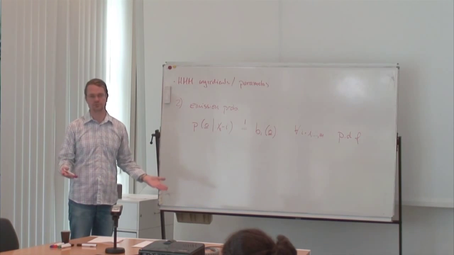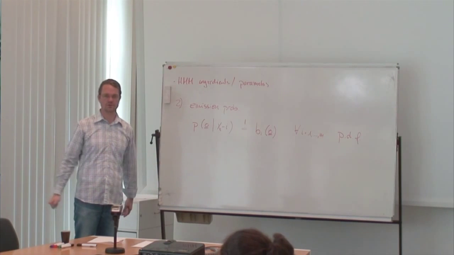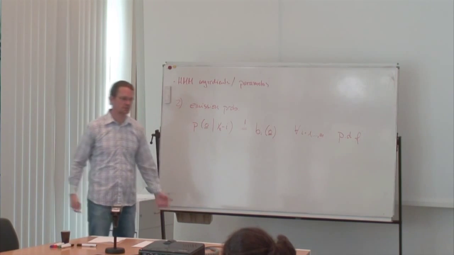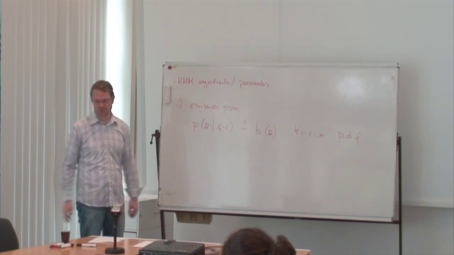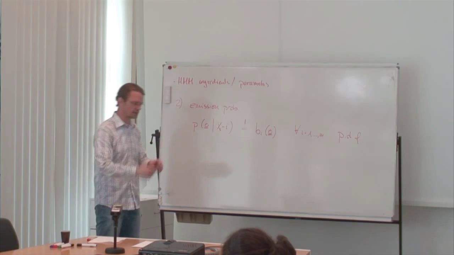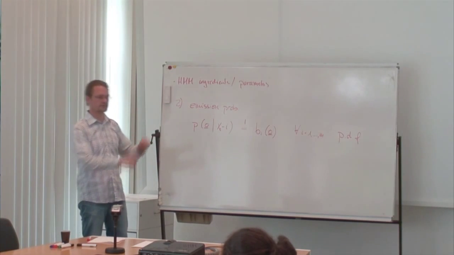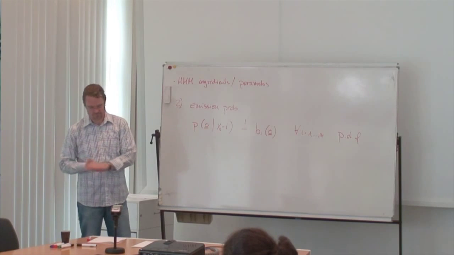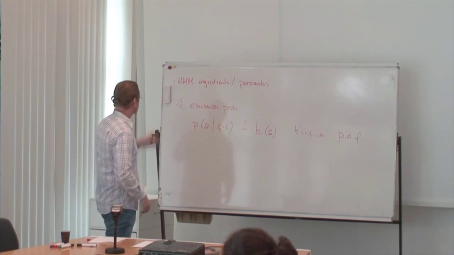For instance, it could be a Gaussian distribution. So for every state there would be a Gaussian distribution, and they can be different Gaussian distributions. So it is more or less likely to observe a certain vector in this state than it is in that state. This is the second ingredient.